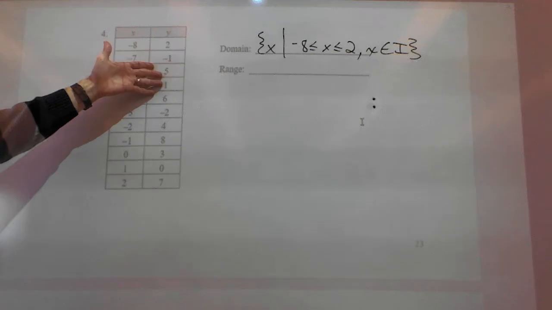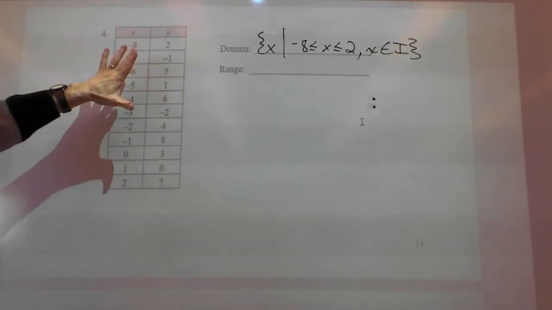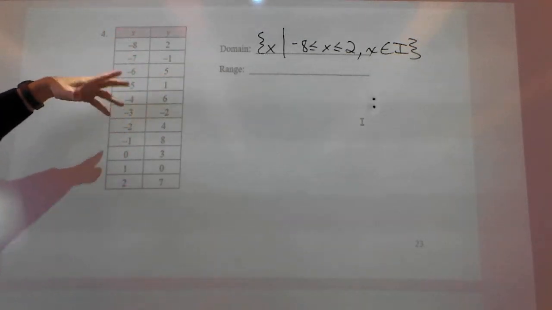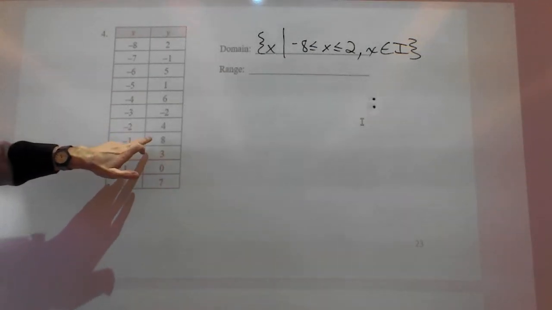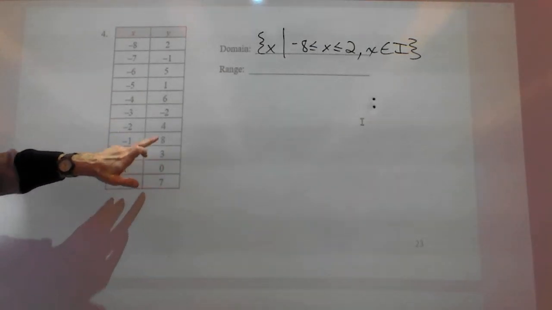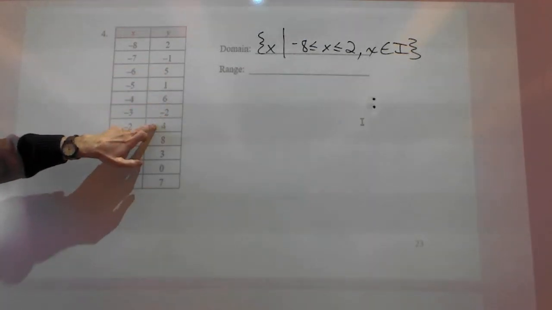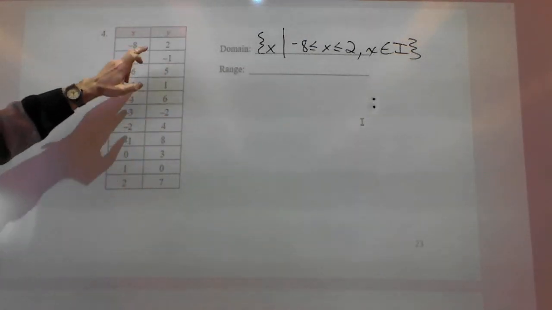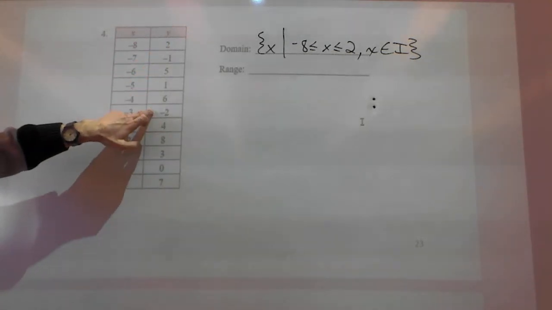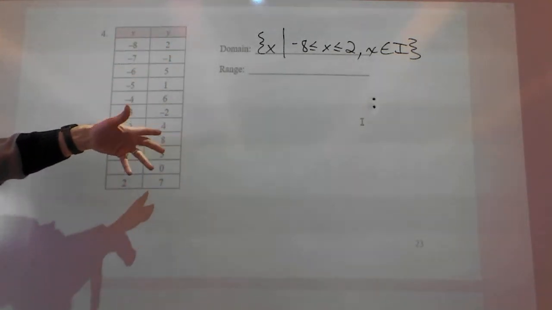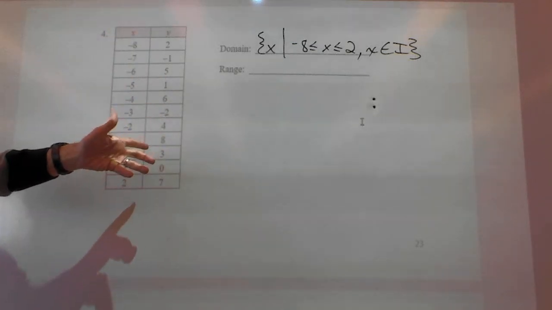Okay? Taking a look at y, they've been kind of nasty, they've mixed things up on us. We can figure that out. Do we have consecutives? Well, we've got an 8, a 7, a 6, a 5, 4, 3, 2, 1, 0, negative 1, negative 2. So even though they're mixed up, there's nothing missing. They are consecutive.